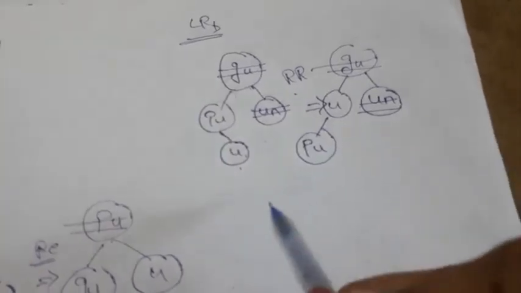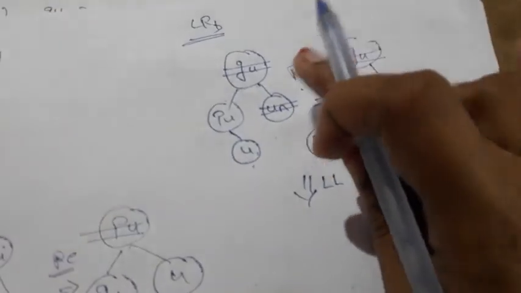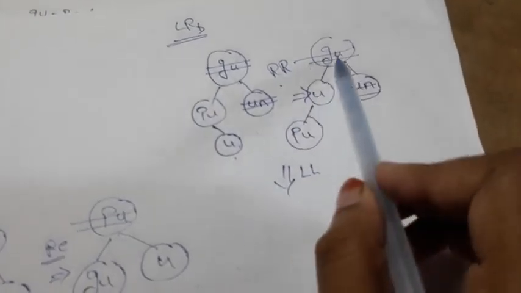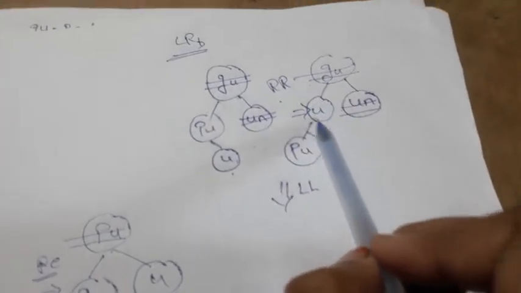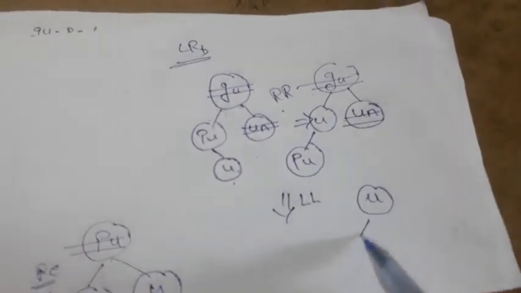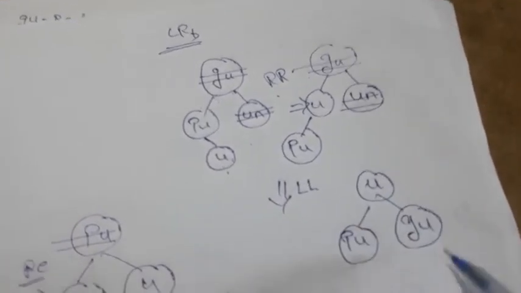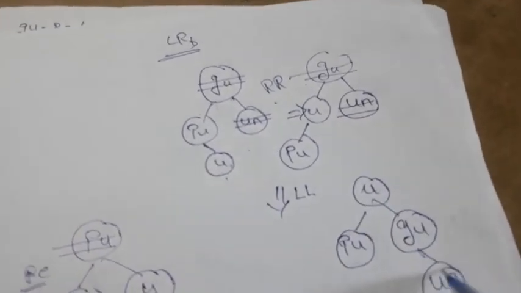Now again I have to apply the LL rotation. If I apply LL rotation, again the positions of these nodes change. The center node, that is U, will be my root node, with PU, GU and UN.